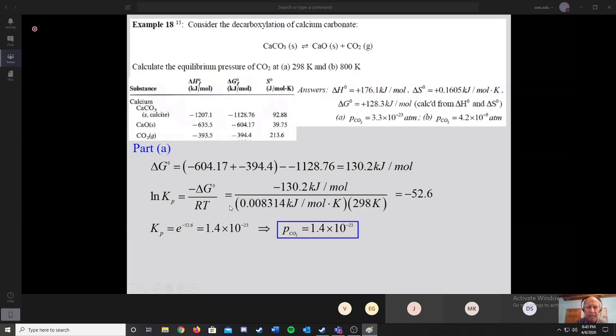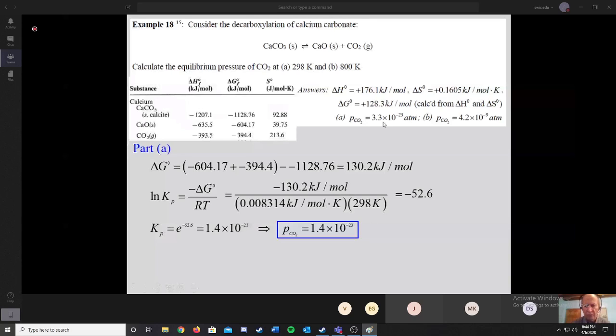If we did that, we'd see that only the gas remains, everything else is a solid, so it doesn't appear in the K expression. So the partial pressure of CO2 appears in the numerator, and that's all there is to K. So K and PCO2 are equal. So the pressure of CO2 is 1.4 times 10 to the minus 23.